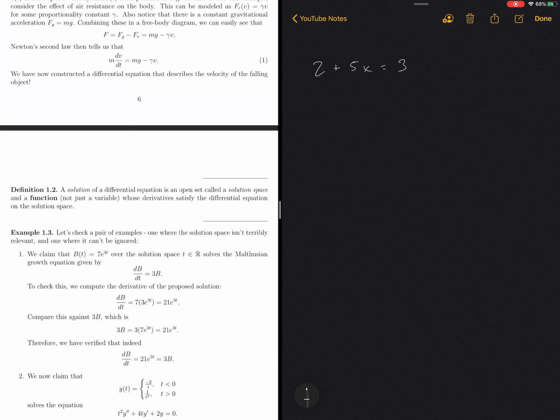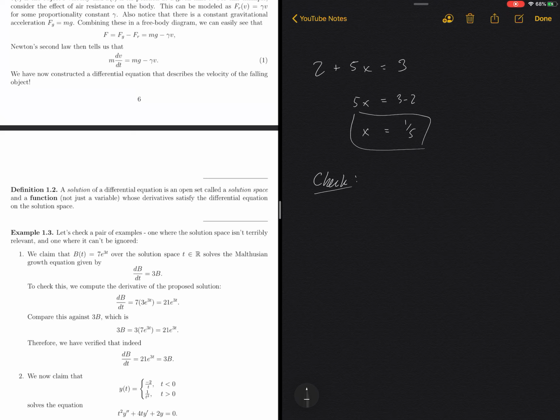If I have something that looks like this, then we understand that this x here is an unknown that we are trying to solve for. That there is potentially some number that satisfies this equation. And if I walk through some algebra, subtract 2 from both sides, and divide by 5, then I wind up with 1/5. And that would be what we call the solution to that algebraic equation.